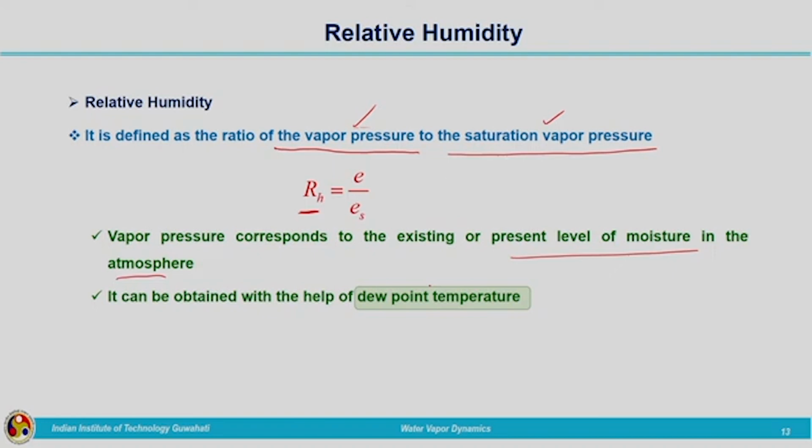Now you know what is meant by vapor pressure, you also know what is meant by saturation vapor pressure. If you know these two values, you can get the value corresponding to relative humidity. Now, the next step is how to get these values. We have an exponential curve, we have an equation corresponding to saturation vapor pressure. Let us see whether it can be utilized for getting the value of relative humidity.